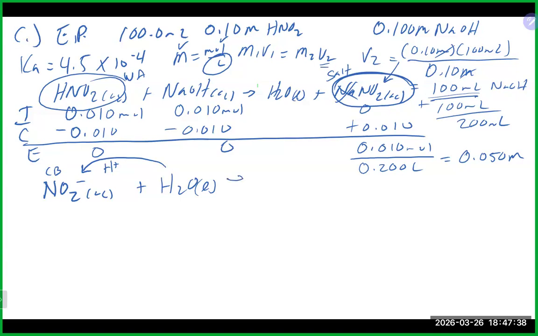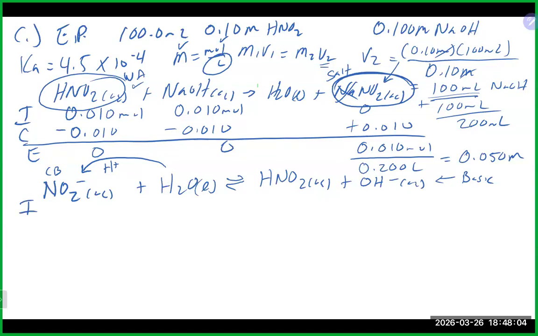Again, common sense also tells you it doesn't have an H to give, so it can only accept in this case. By the way, it always makes where it came from. And in this case, it is going to produce a little bit of hydroxide here. So once again, we should know that this is going to be a basic pH like we would expect in this case.